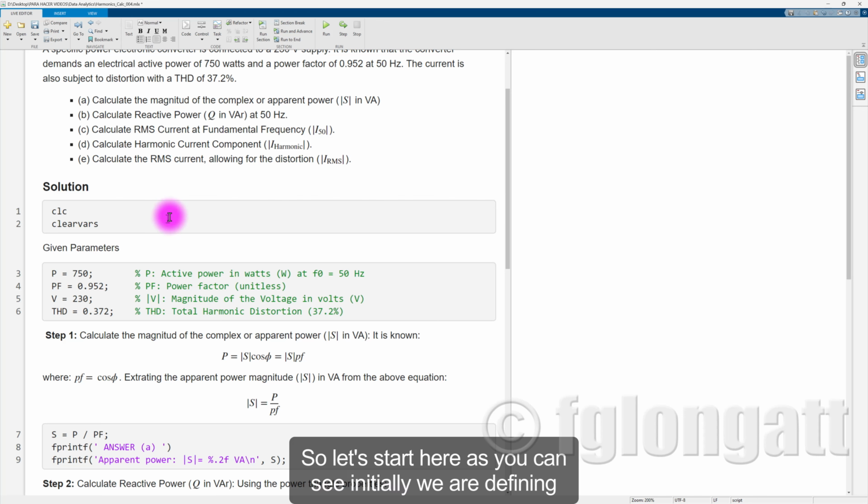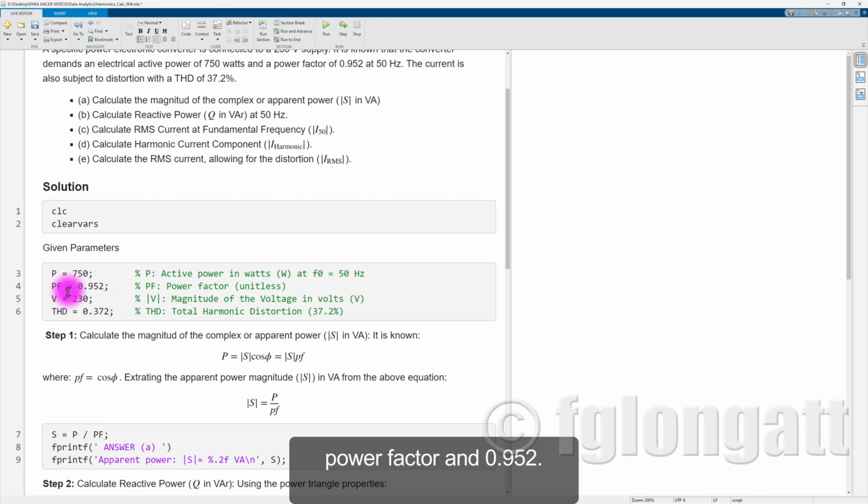As you can see, initially we are defining here the active power, 750. We are defining the power factor 0.952. The magnitude of the voltage is 230 volts. And the total harmonic distortion is 0.372. Remember, we don't use percentages when we are working with the numerical values. So here it is 0.372.